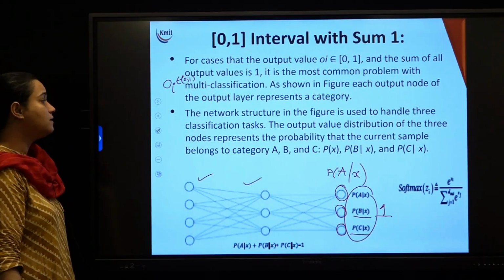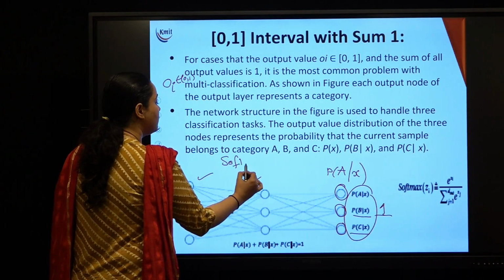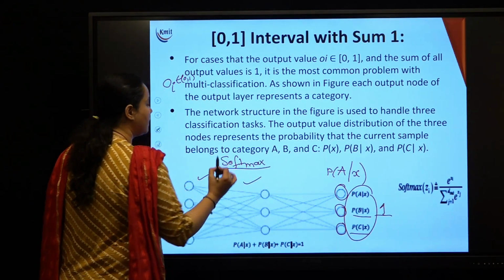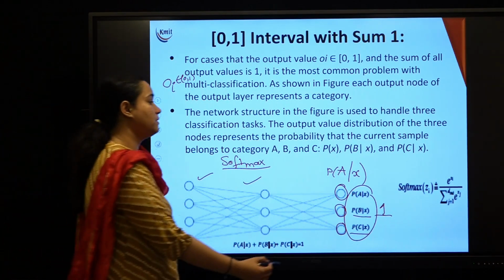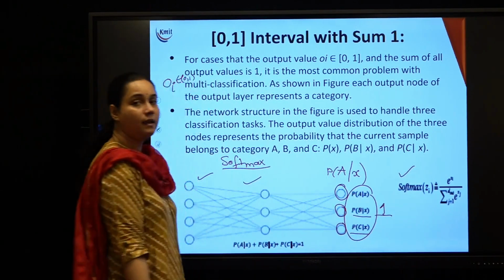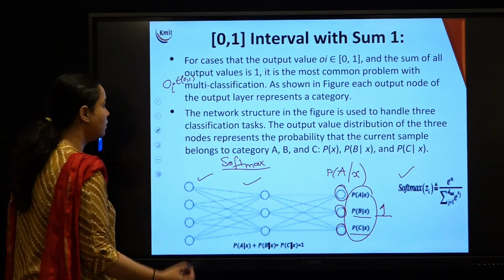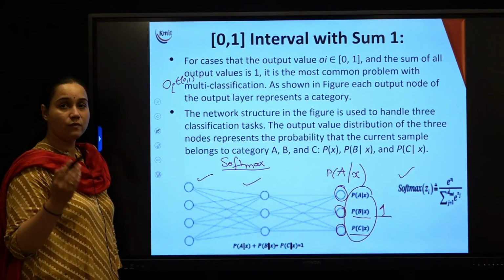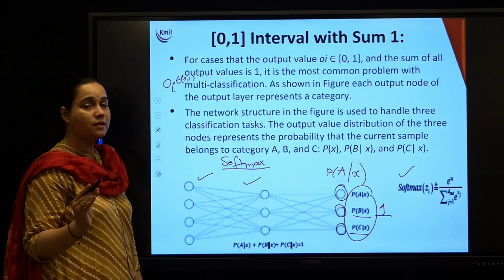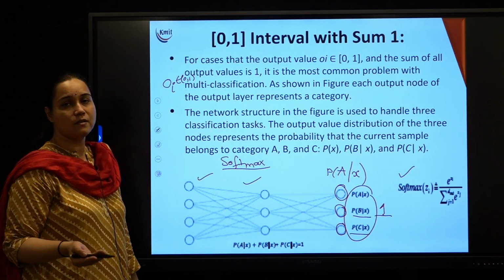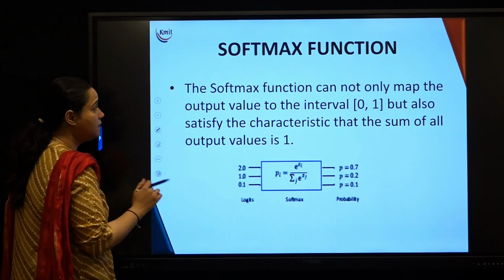In that case, it is always suitable that you choose the softmax function as the activation function for your output layer. So we always go for a softmax function for multi-category classification in your output layer, which you have to keep in mind whenever you are designing a neuron model. If it is binary classification for the range 0 to 1, go for sigmoid. If it is 0 to 1 with probabilities summing to 1, that is, you have multiple classes of output, please go for the softmax function.